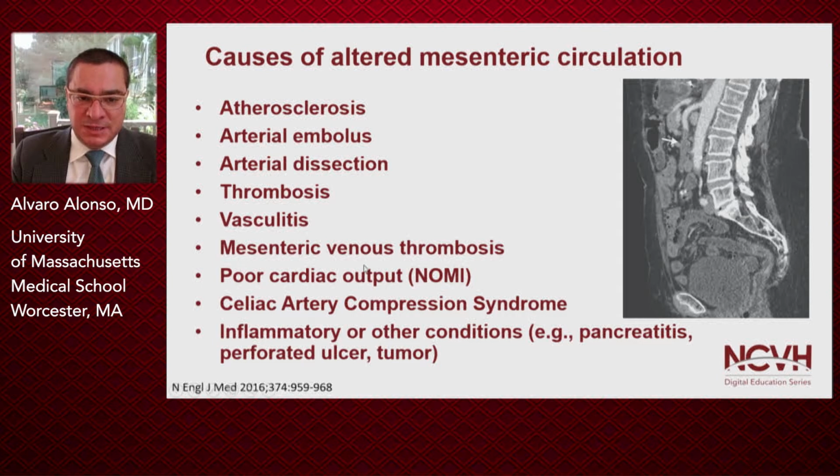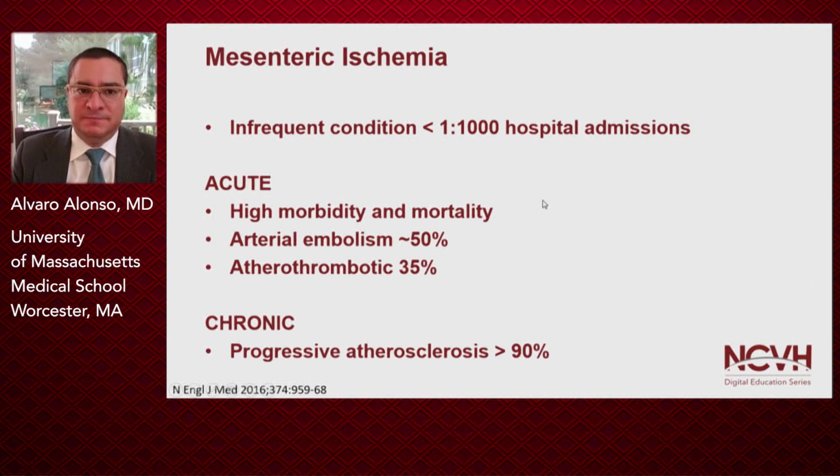There is also mesenteric venous thrombosis. And in patients with very low cardiac outputs, they could also have non-obstructive mesenteric ischemia. There are other conditions such as celiac artery compression syndrome or inflammatory or other conditions that could also affect the mesenteric circulation in general.